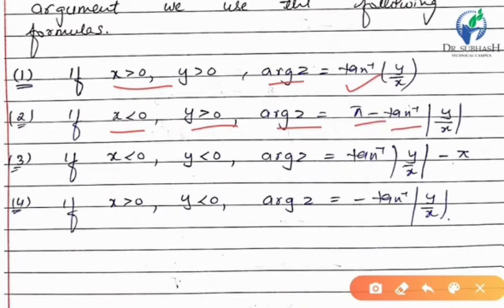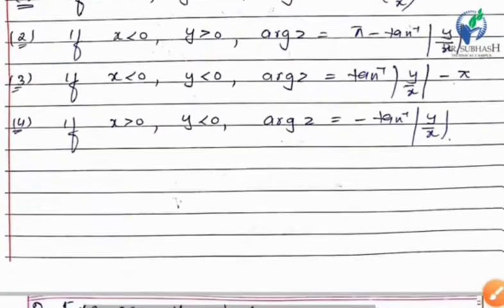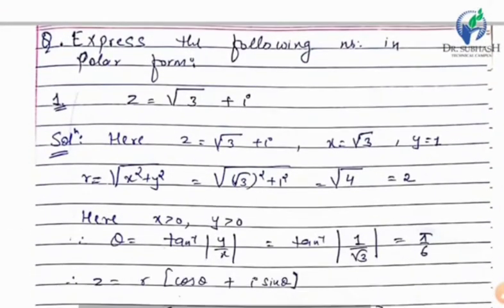For the third quadrant, when x is less than 0 and y is less than 0, the argument is tan inverse y by x minus pi. And the last one, the fourth quadrant, when x is positive and y is negative, theta is equal to minus tan inverse mod of y by x. These are the four formulas which we always need to remember for complex analysis.